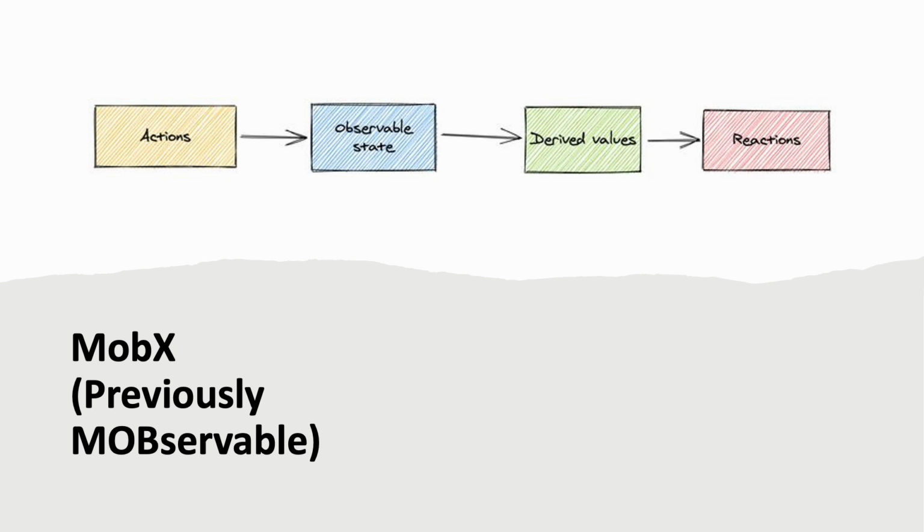By default, React re-renders all the child components whenever a component state changes. By making the data model observable, components could observe and update only when a specific part of the data model changed. Eventually, he released his implementation of observables as a library called Mobservable. This later became MobX: action, observable state, derived values, reactions.